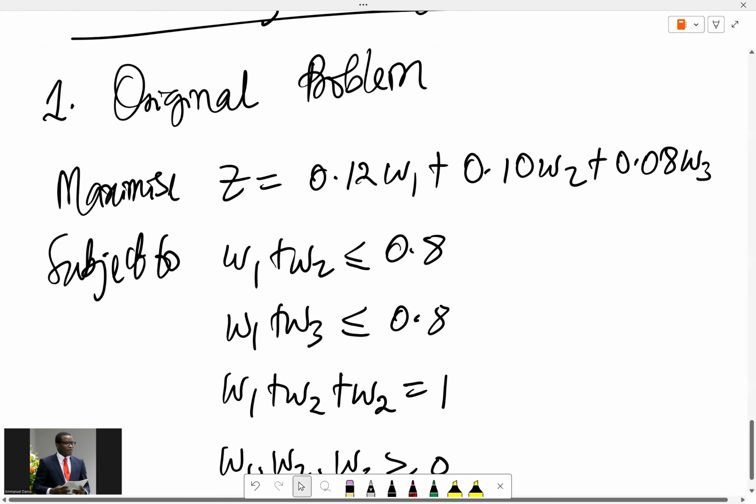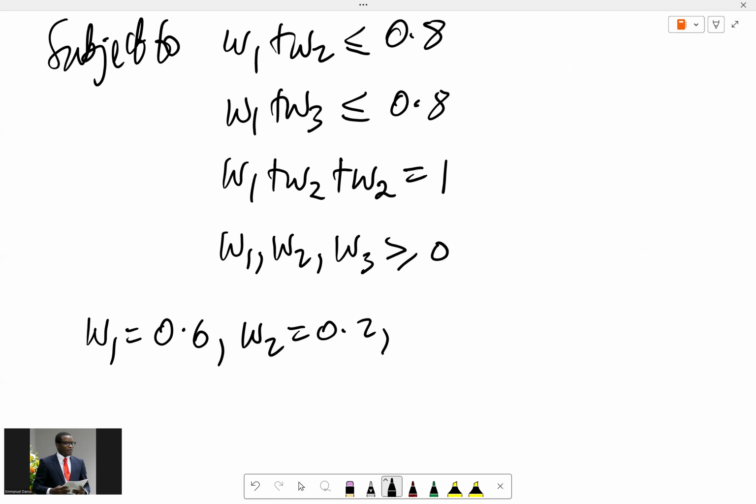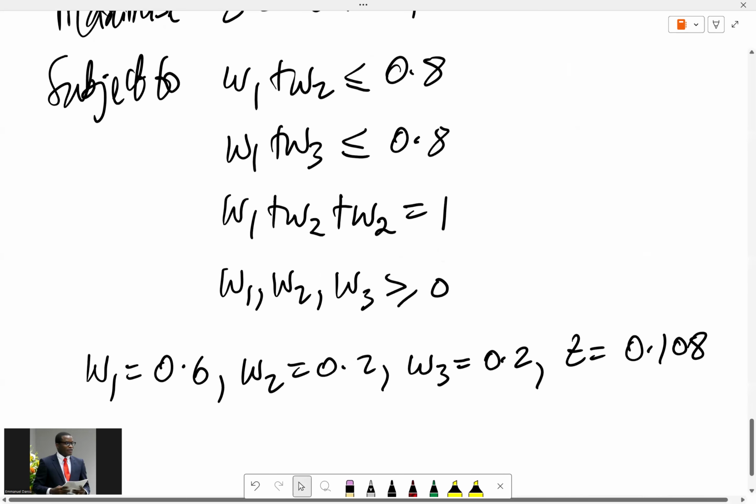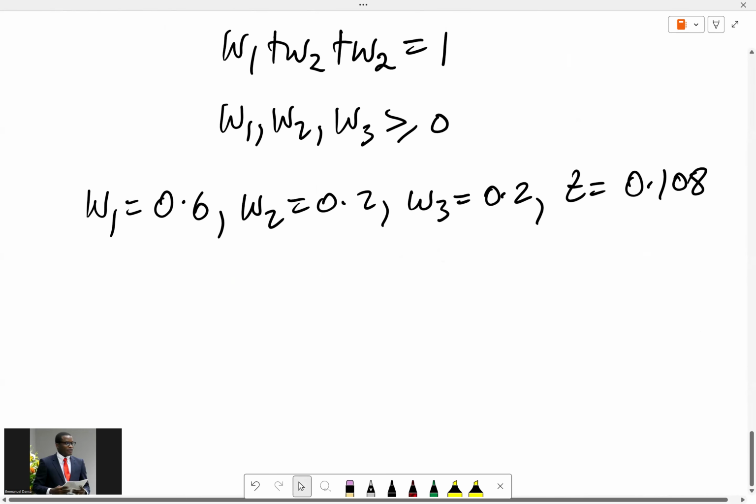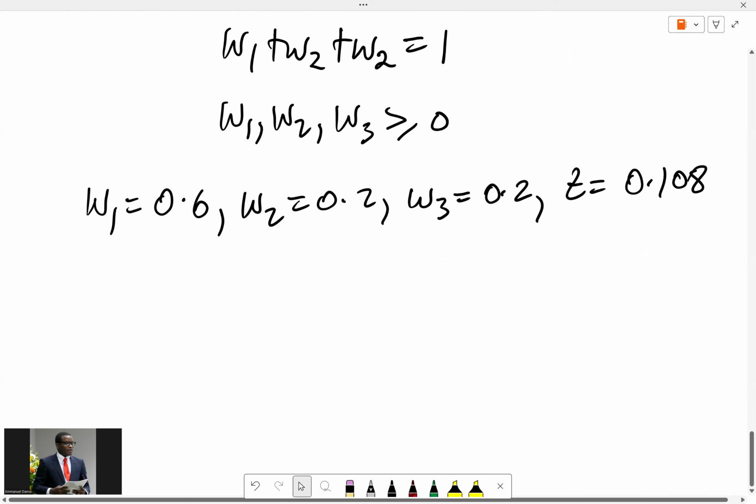And for that, we got W1 is 0.6, W2 is 0.2, W3 is 0.2, whereas Z is 0.108. We can just have it that way. So that's that.